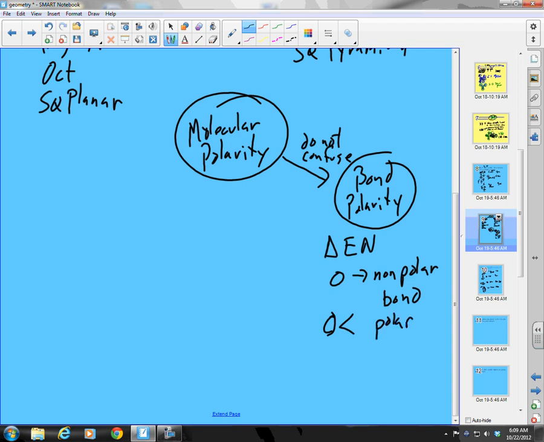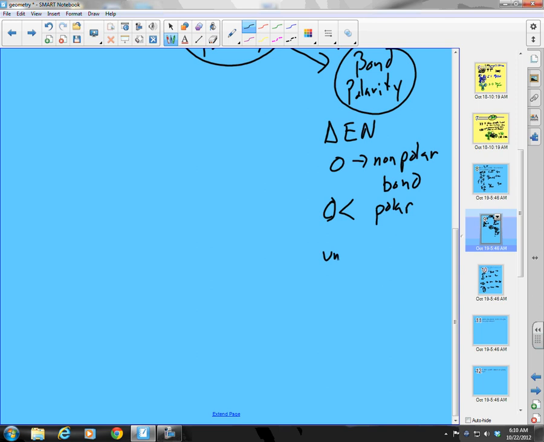And if it's very, very polar, we say that it is ionic. But this all has to do with uneven electron distribution in a bond. Or if we say electrical, I'll accept both of those. Uneven electrical distribution in a bond.